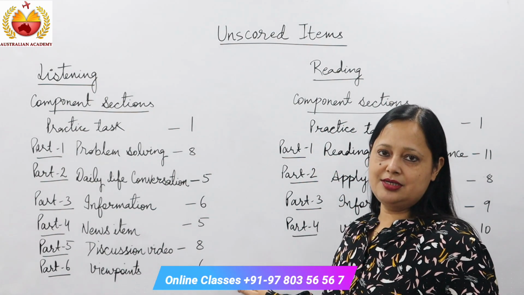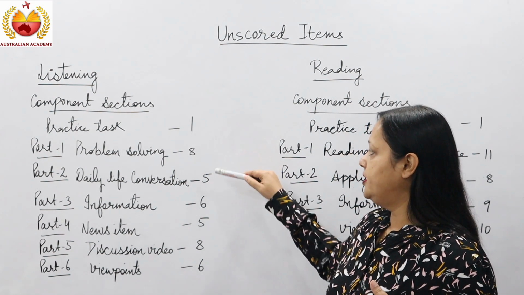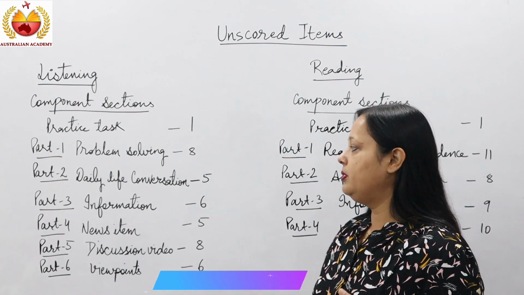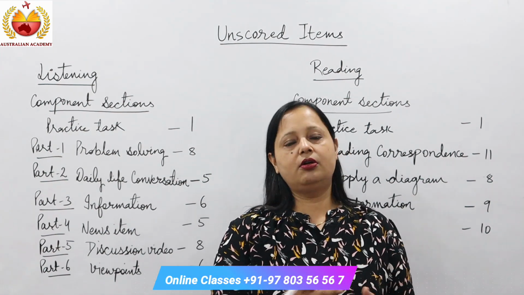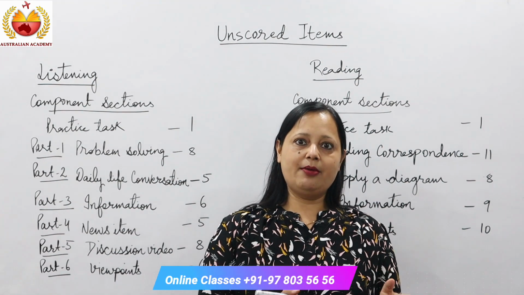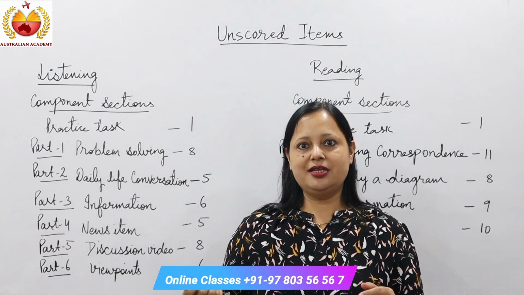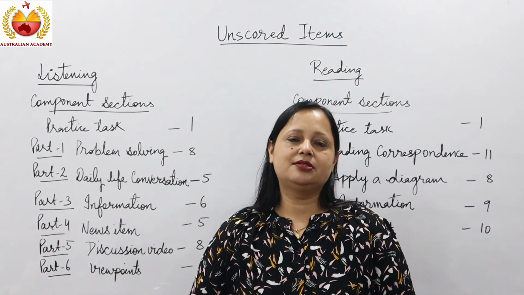Since you have been practicing continuously with the same 8, 5, 6, 5, 8, 6, you will be having these sections only once during your preparation or during your practice tests. Now in the real exam, what happens is these unscored items are a part of your listening and reading test.